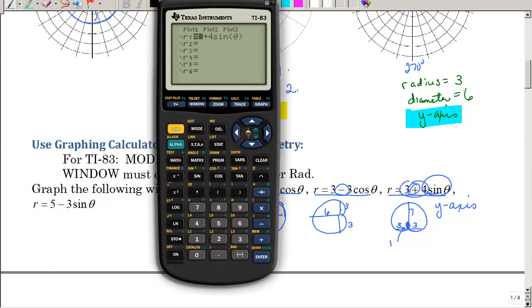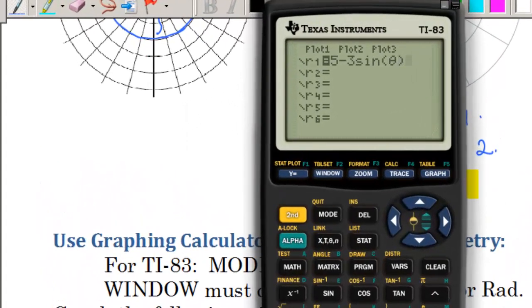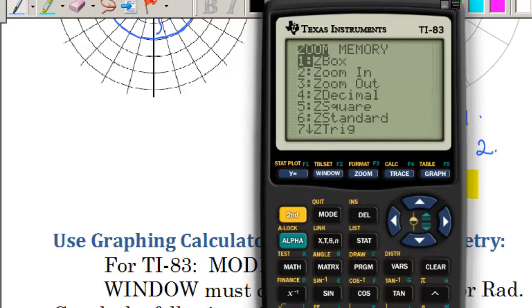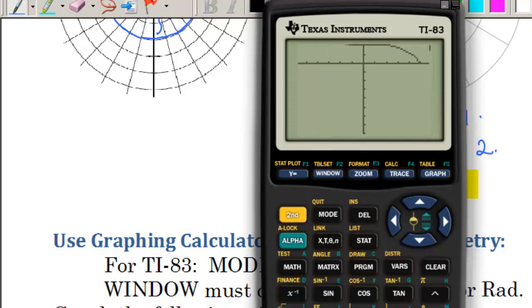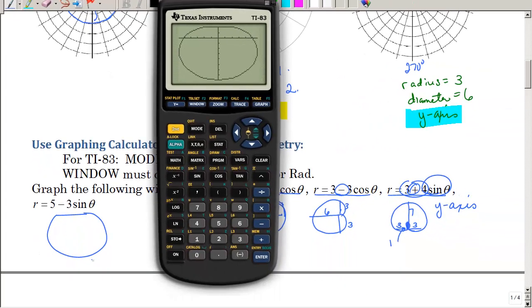Let's do this last one. So we have y equals, I'm going to clear that, 5 minus 3 sine theta. Make a prediction before you hit graph. And if you just hit graph, you might not see it, especially if you've done zoom 0. So I'm going to do zoom 0. No loop. It's kind of really flat and then kind of rounded like that. And let's see if I count 1, 2, 3, 4, 5.